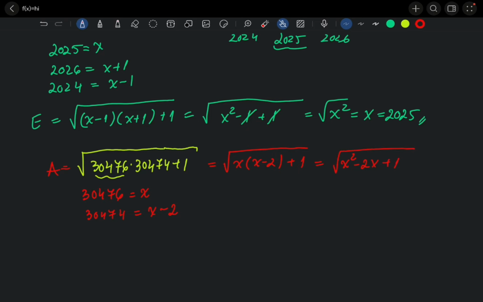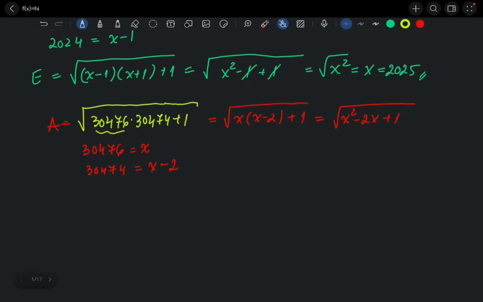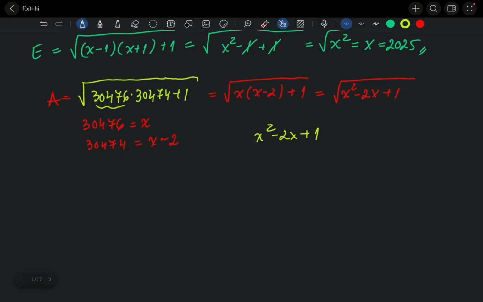Okay, what are we going to do from here? Well, let's try to factor x squared minus 2x plus 1. We can try factoring an x from the first two terms, and we get x times x minus 2 plus 1.